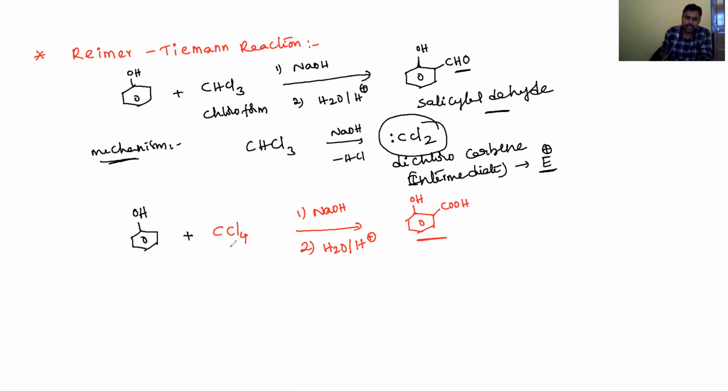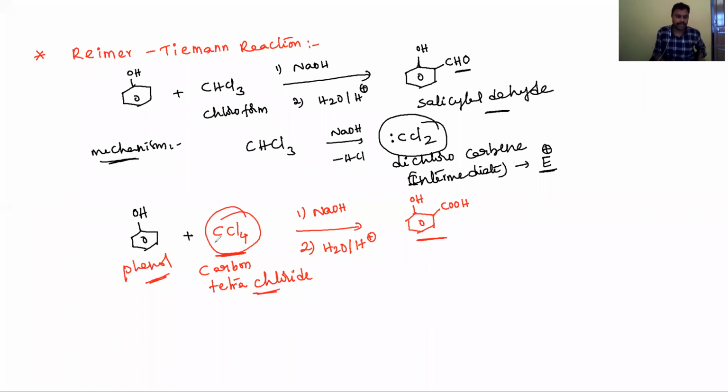So you have to remember: in your textbook we studied the reaction with chloroform giving orthohydroxy benzaldehyde, but if carbon tetrachloride is used, we get orthohydroxy benzoic acid. Okay, students, these reactions are very important.